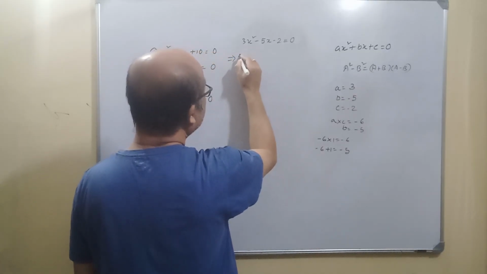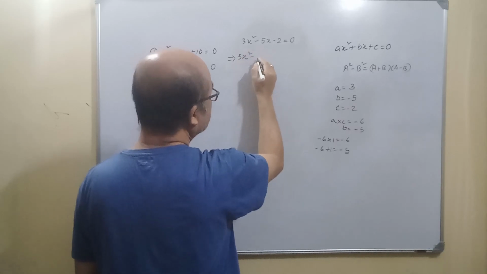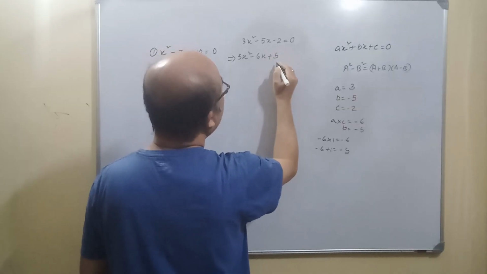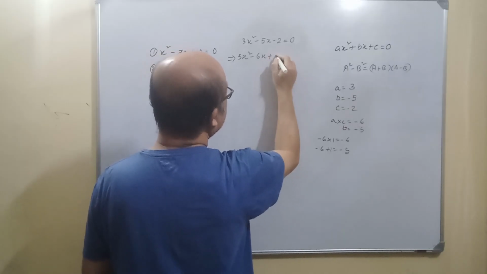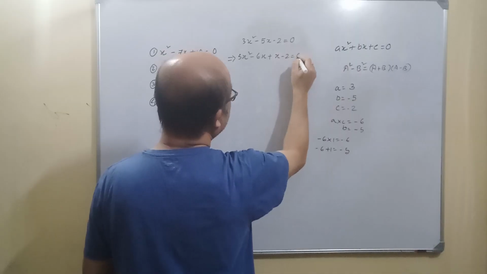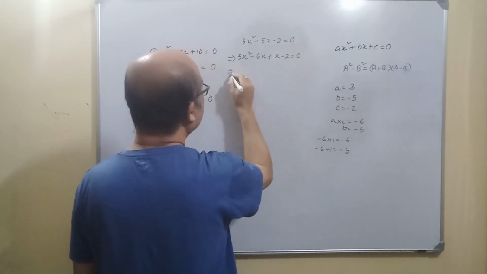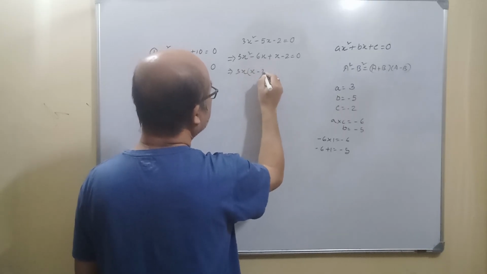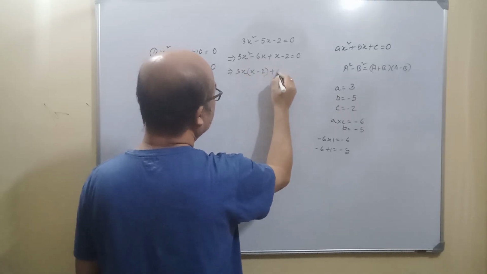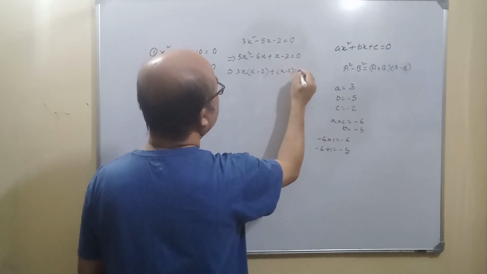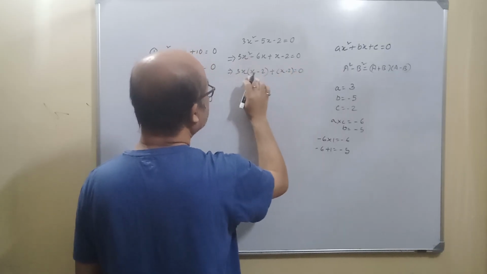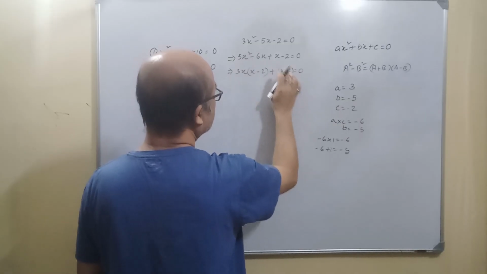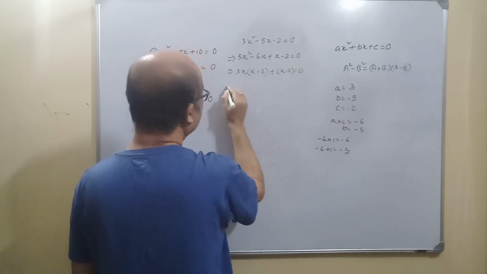So this can be written as 3x square minus 6x plus x minus 2 is equal to 0, which is equal to 3x into x minus 2 plus 1 into x minus 2 is 0. 3x into x is 3x square, 3x into 2 is 6x, x minus 2, x minus 2.